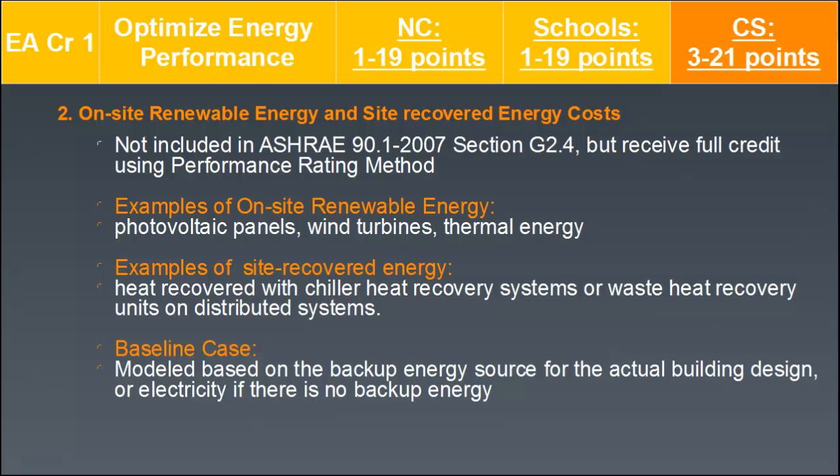Examples of site recovered energy are heat recovered with chiller heat recovery systems or waste heat recovery units on distributed systems. Baseline case is modeled based on the backup energy source for the actual building design, or electricity if there's no backup energy.